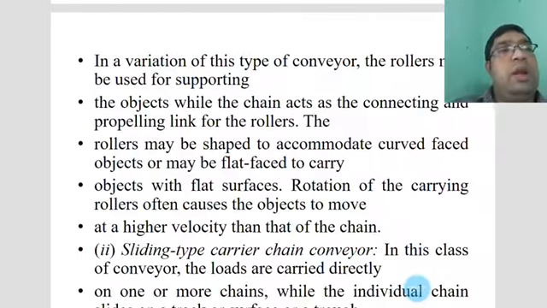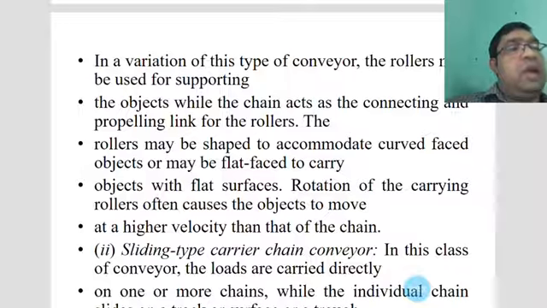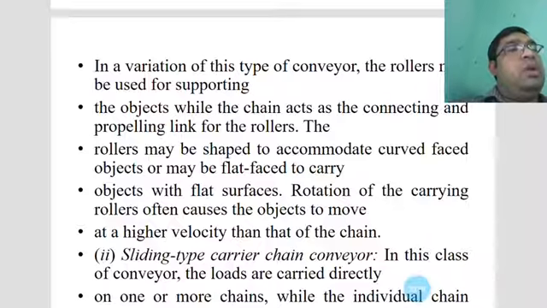Suppose in a belt conveyor, the roller is the support, and this is called the idler. That means it gives some support to the belt and protects against sagging, and this is the roller.